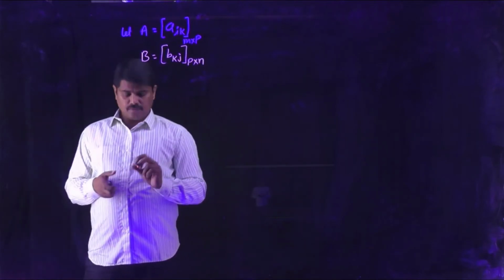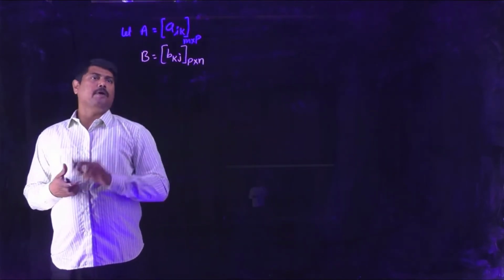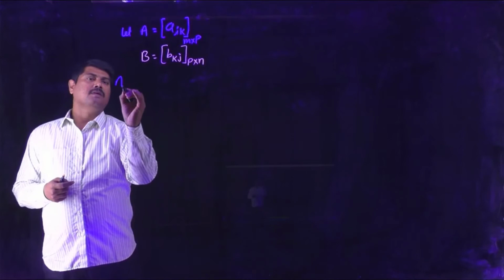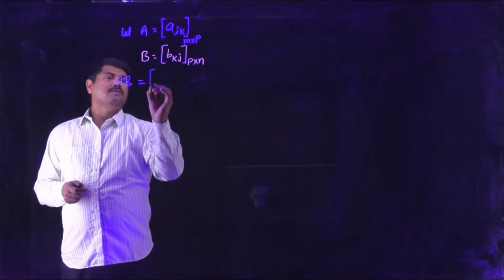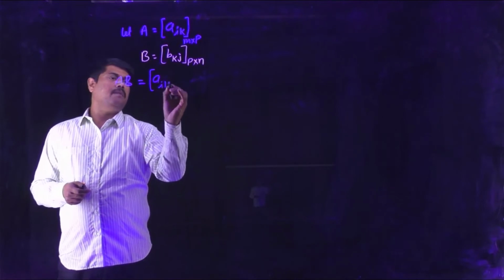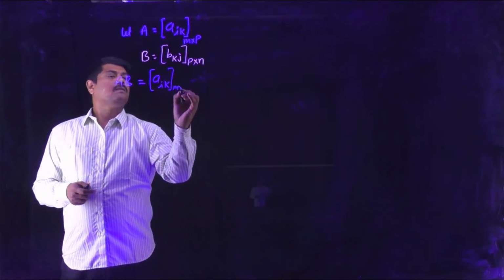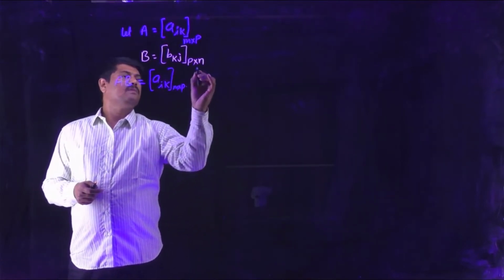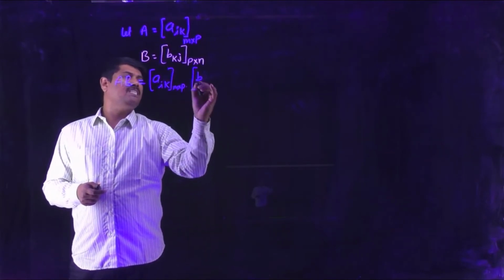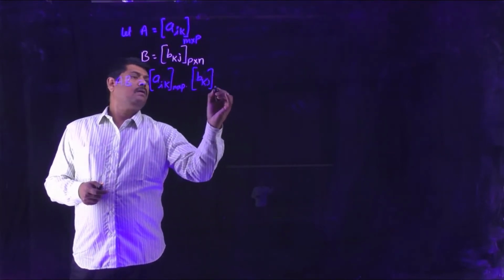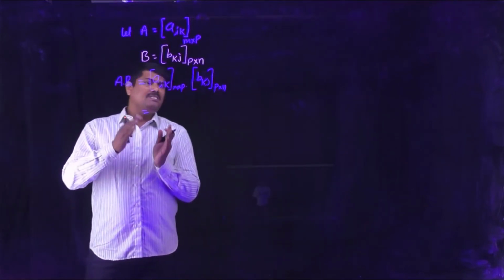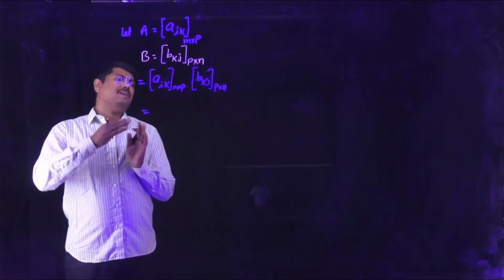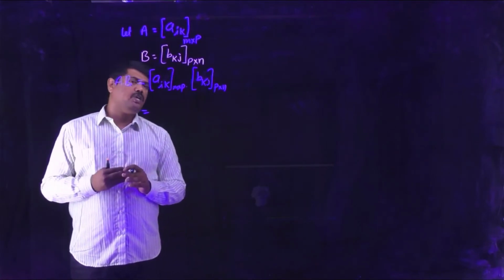Now observe, what is the product AB? What is the matrix AB we obtained? So A is a_ik, M by P, sorry, into B is b_kj, P by N. So whether the considered matrices are conformable for multiplication or not.